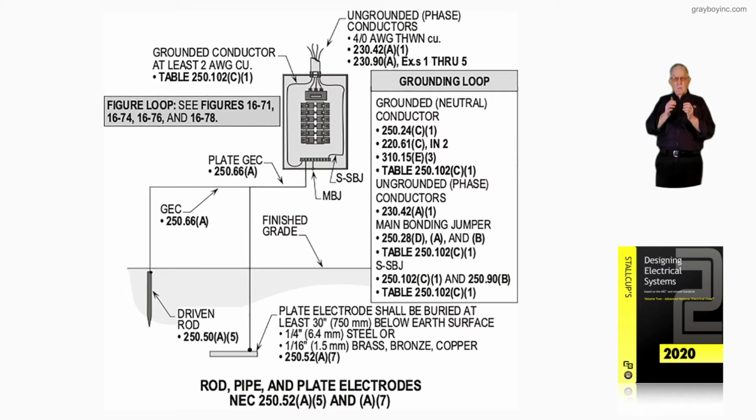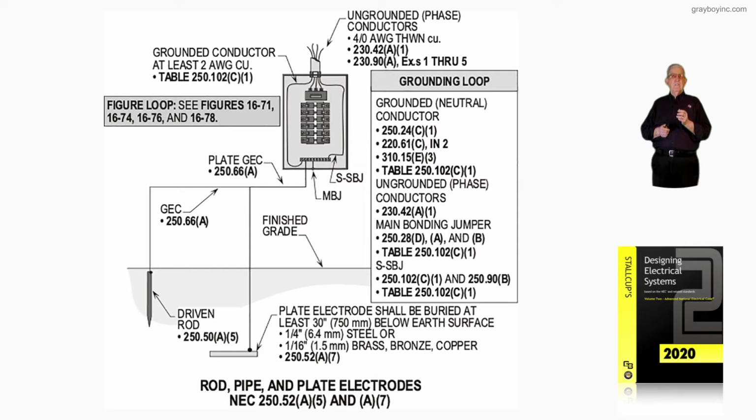But we have certain thickness dimensions that we'd have to have there and a certain size plate. We found all that information in 250.52(A)(7). And then notice we refer you to a figure loop for information. Figures 16-71, 74, 76, and 78 of Chapter 16 will enlighten you with a lot more information.